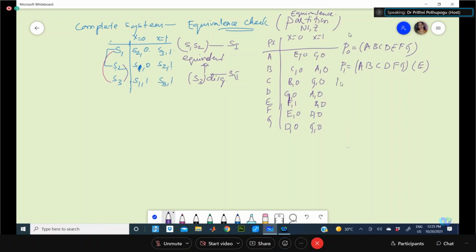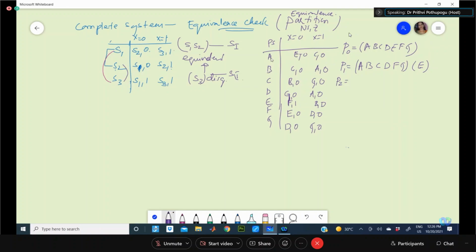Now, the first step was based on output. The next step is based on the next state that it is going to. The present state is called the parental state, and the next state is the implied state. This parental state equivalence will hold good only if the next states to which they go also fall in the same equivalent group.